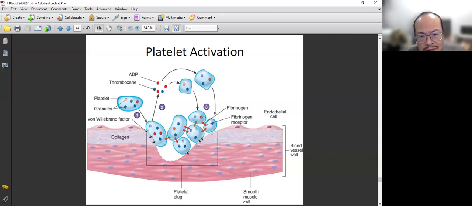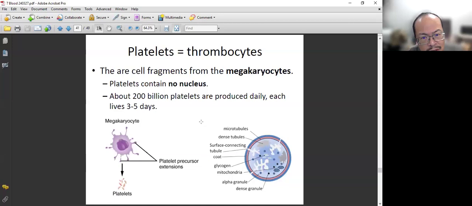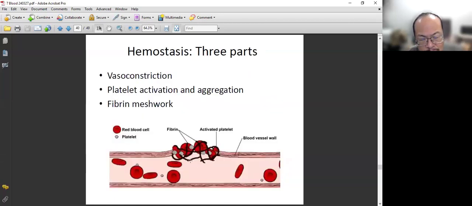You need to know that once this is formed, if we don't take care of it very well, the first purpose is that we try to stop bleeding, but if we don't take care of this very well, they may flow away, and then they may get stuck somewhere in other regions.